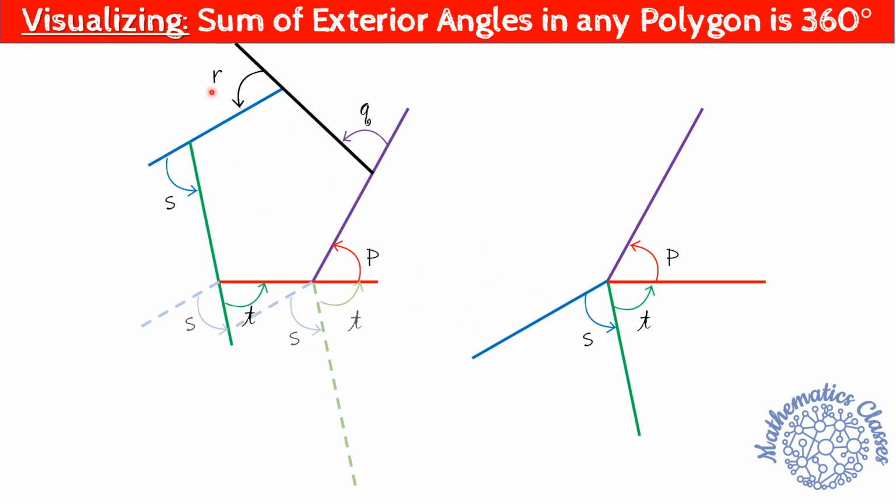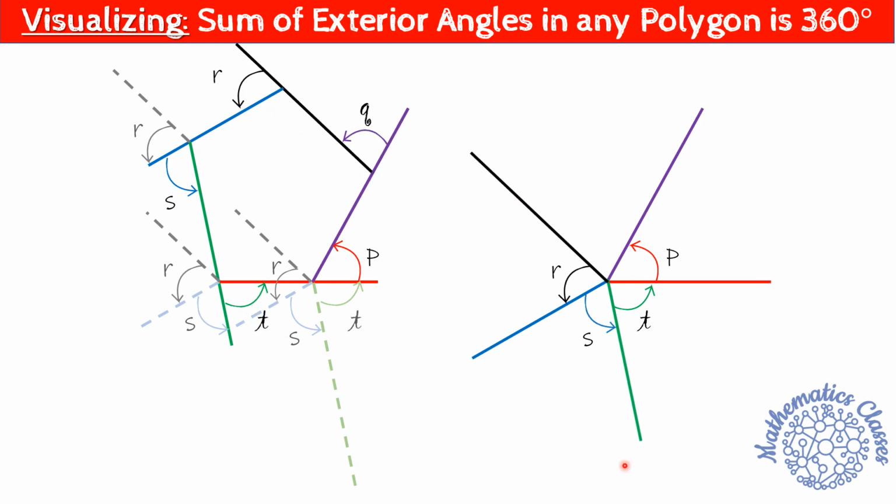Similarly, angle R can be drawn on the common point of angle P by using multiple parallel lines and shifting them to the adjacent points, starting by drawing angle R adjacent to angle S, then shifting it here at this vertex, and finally on the same point of angle P as shown here.